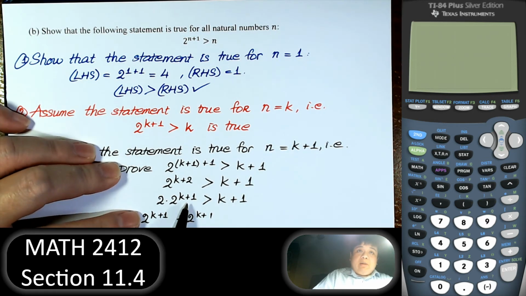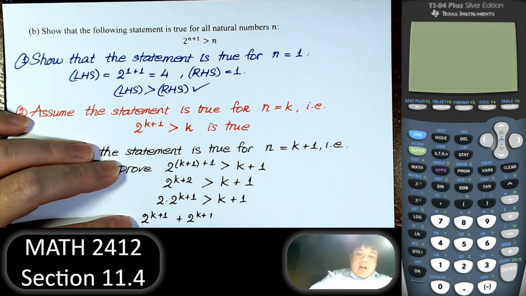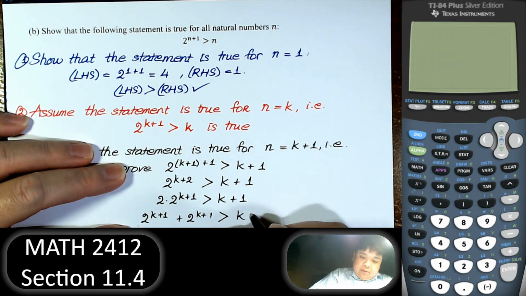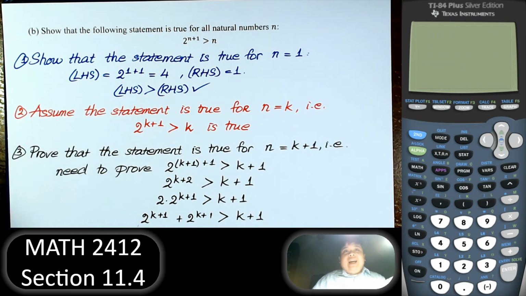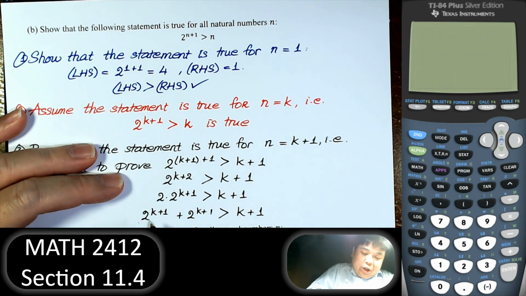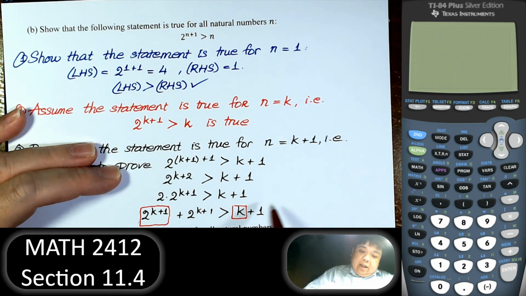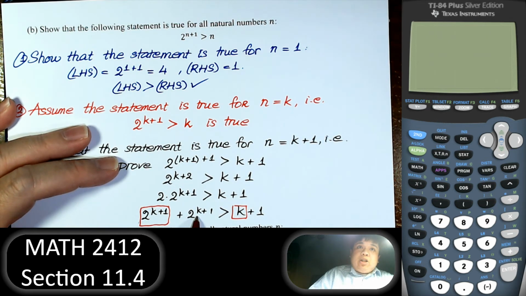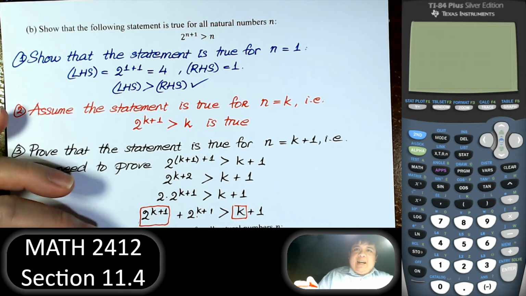Because if you have 2 times of something, it's just like that plus itself. And then what next is that we already have 2 to the k plus 1 is already greater than k. So equivalently, we need to show that 2 to the k plus 1 greater than 1. And that is easy, right?